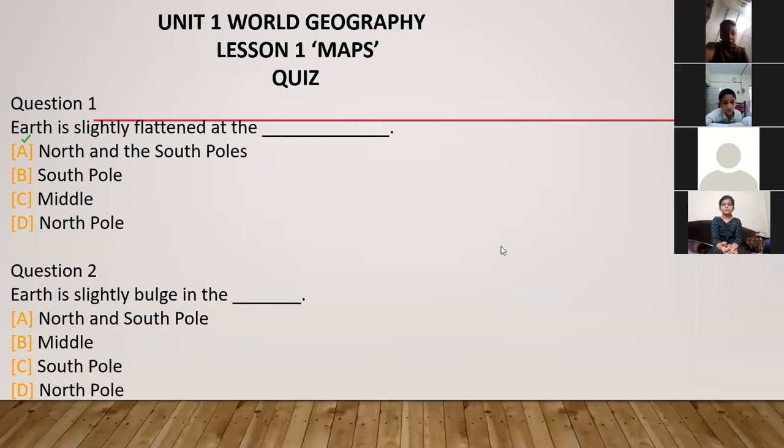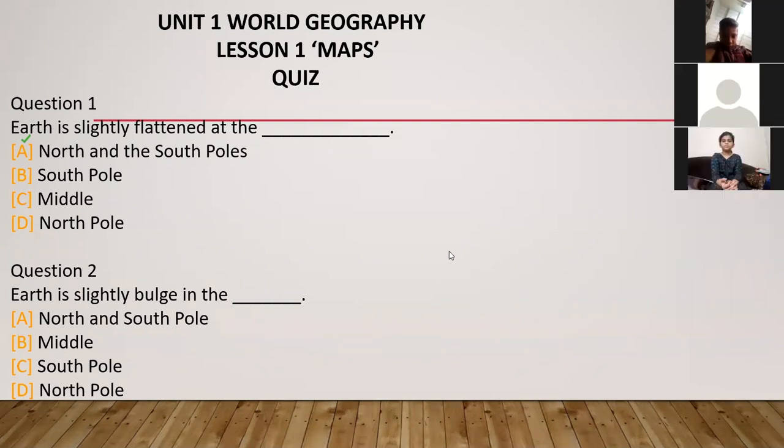Beta, isn't it in the middle at the equator? Equator is the middle, and when Earth rotates, the force of gravity makes it a bit bulged, and it is flattened at the north and south pole. It bulges from the middle, and the upper and lower sides, the north and south pole, are flattened, they are pulled.